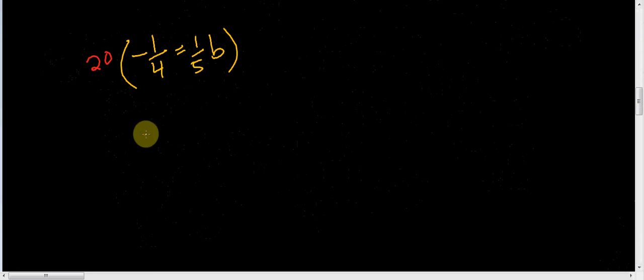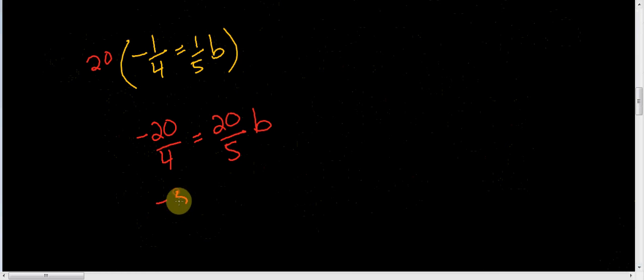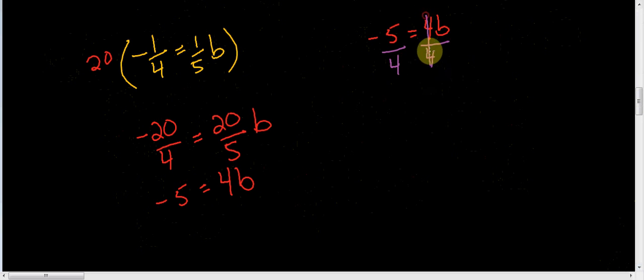And that gives us negative 20 over 4 is equal to 20 over 5b. This is negative 5 is equal to 4b. We'll write this over here. And to get b by itself, we'll divide by 4. We get negative 5 over 4 is equal to 1b, or b is equal to negative 5 over 4.